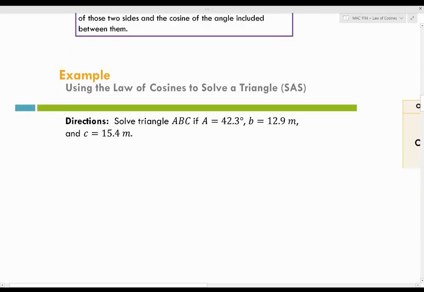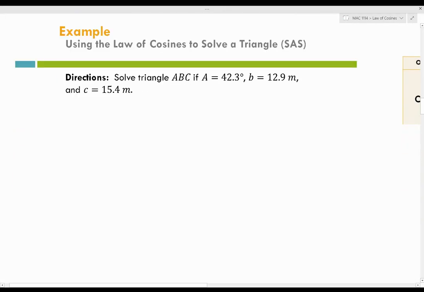All right, let's try our first example. The directions say to solve triangle ABC if A equals 42.3 degrees, b equals 12.9 meters, and c equals 15.4. Just like when we were solving triangles with the law of sines, I'm always going to draw a triangle first. It doesn't have to be perfect. I'm going to label my angles first, and then label my sides.